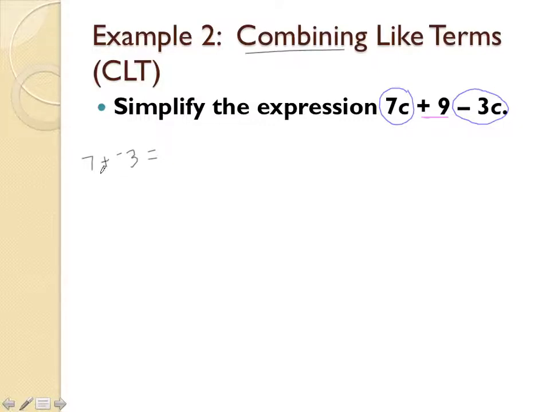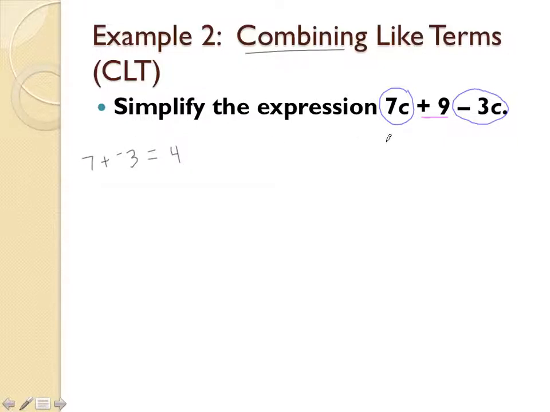My answer in this case would be no. I have a positive number and a negative number. So since my signs are different, I find the difference. So 7 minus 3 is 4, and I keep the sign of my larger number. Since 7 was larger and it's positive, my answer is positive.